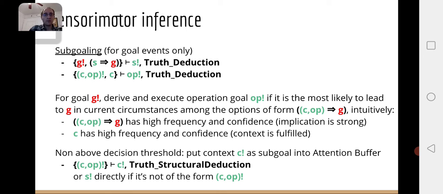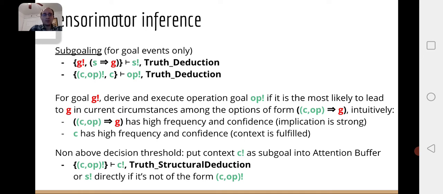So, what's the general picture here? The idea is that if you have multiple candidates for how you can achieve G, you have multiple implications for how you can get G in different circumstances. The system makes a choice.